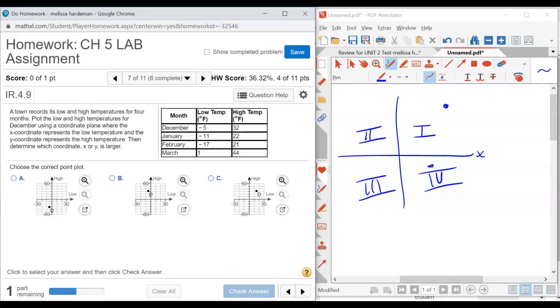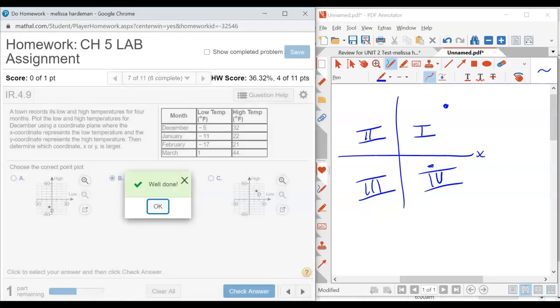So we'll consider the low temperature like our X value, the high temperature like our Y value, and so we'll plot the ordered pair -5, 32. So -5 means I'm going to go left first, and then 32 means I'm going to go up to 32. So it has to be in quadrant 2, and B has a point in quadrant 2.